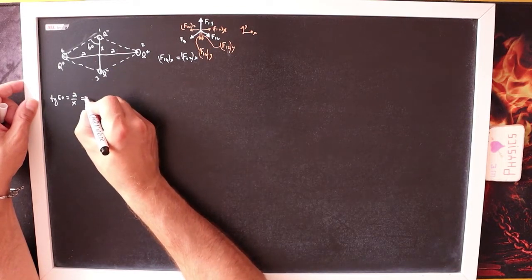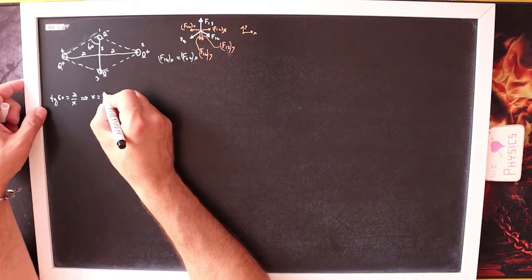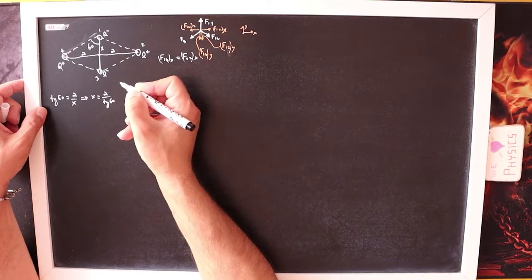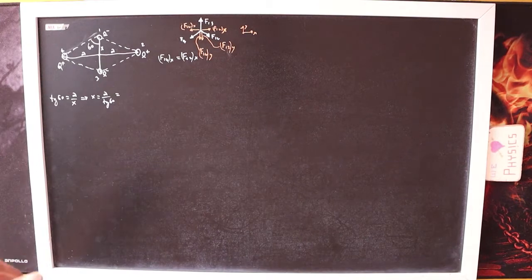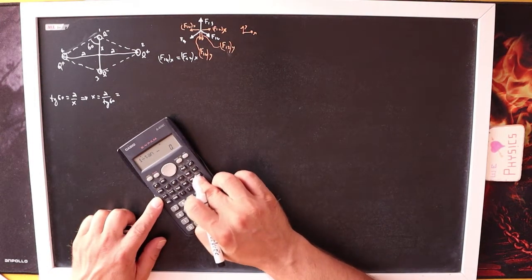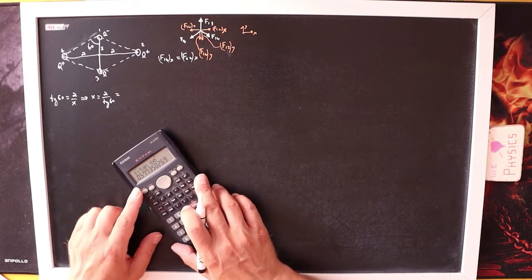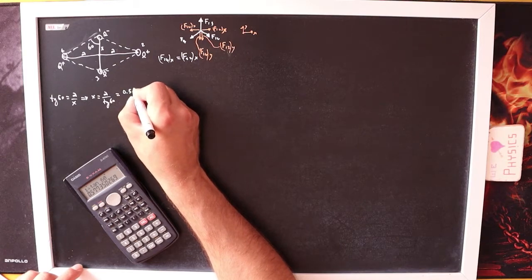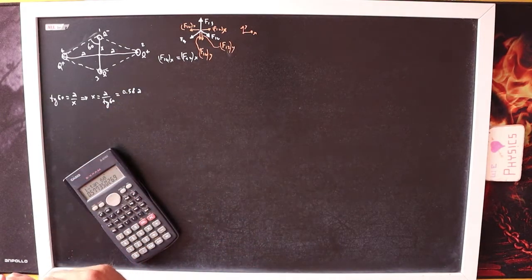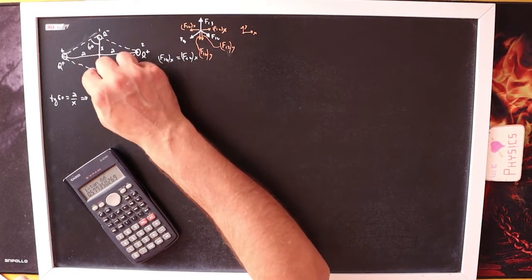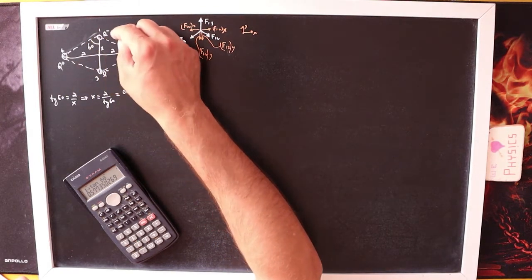And therefore x is equal to a divided by tangent of 60. And how much is tangent of 60? So 1 divided by tangent of 60 makes 0.58. So 0.58 a.